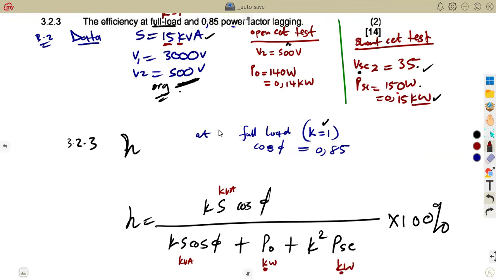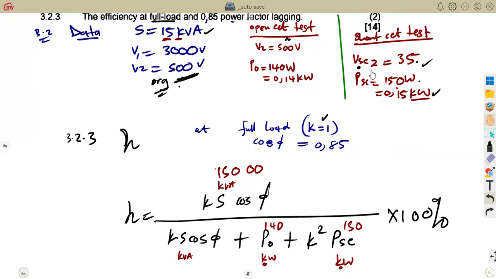So it is up to you. You can change this one, 15 kilovolt amperes, to 15,000. The moment you write 15,000, make sure that on the open circuit you write 140 and the short circuit 150 in watts. Or you can maintain the kilo on the other ones.